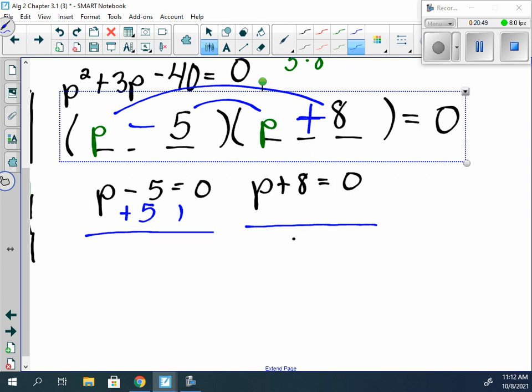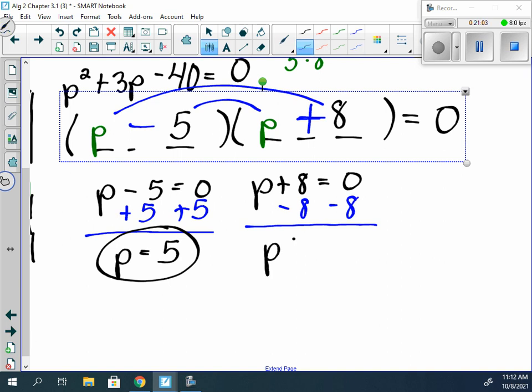So here we would add 5 to both sides. So p is equal to 5. And here we would subtract 8 from both sides. So p is equal to negative 8. And those would be our solutions.